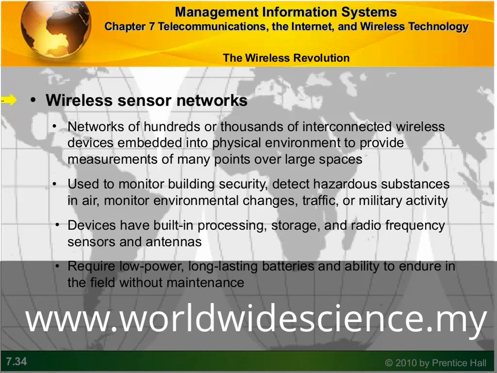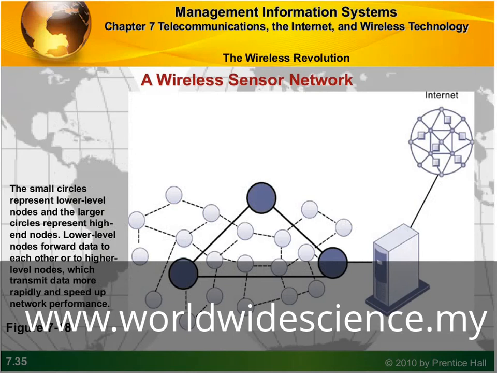And in the next slide, you can see a wireless sensor network. See different sensors established in some sort of network, then they connect to a computer, and this one can be connected to the internet, so it can be remotely monitored.